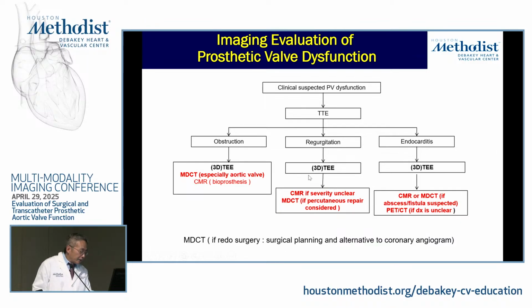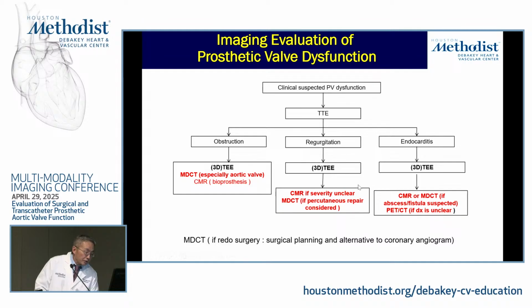If you have prosthetic aortic valve obstruction, at our institution it might not be unreasonable to go to CT directly. Oftentimes, that's what they do. And for a prosthetic valve, if you have concern about the quantification of the degree, CMR is warranted.